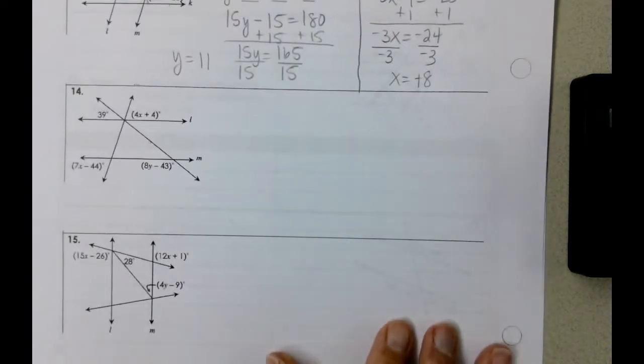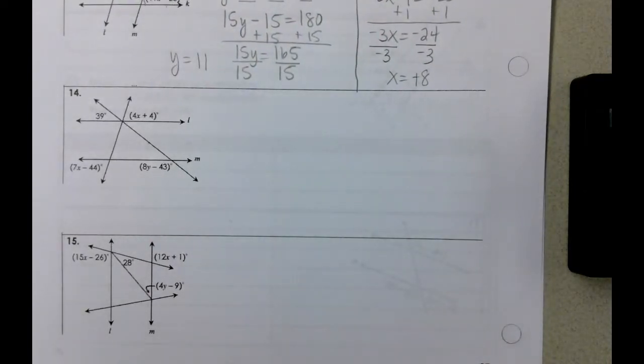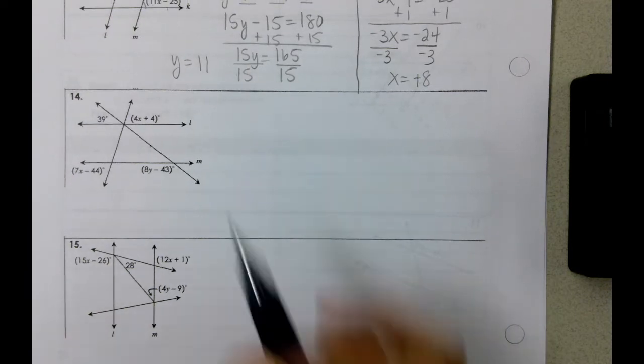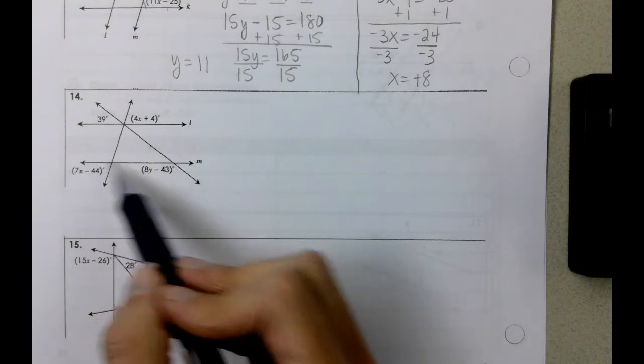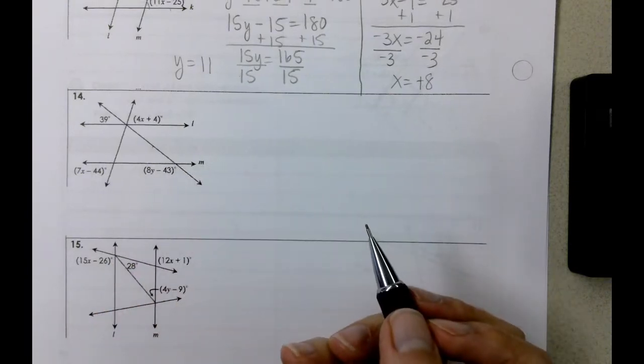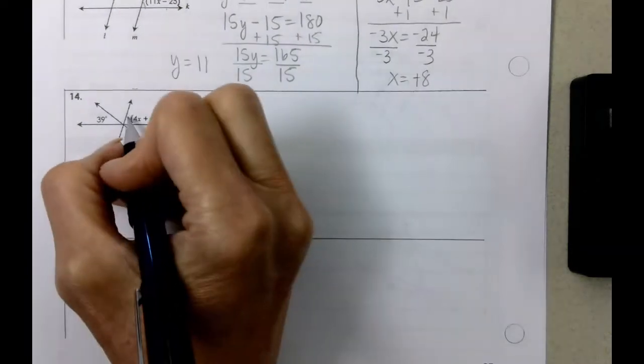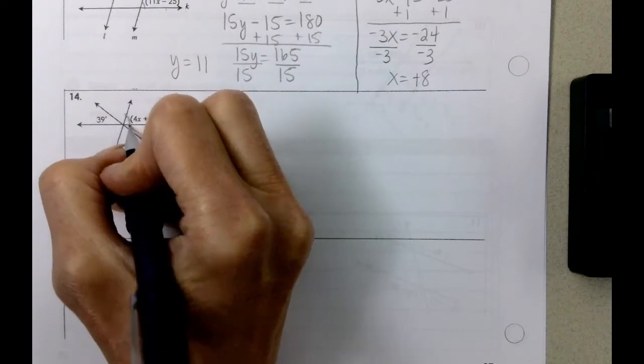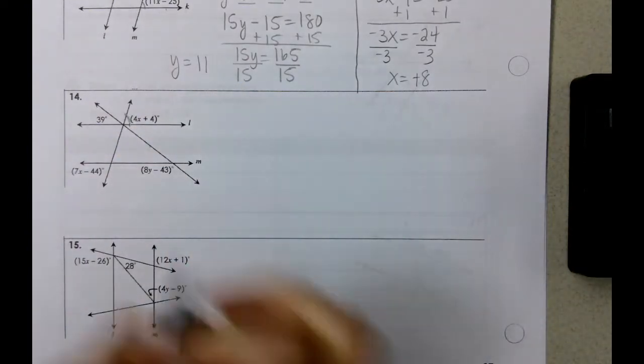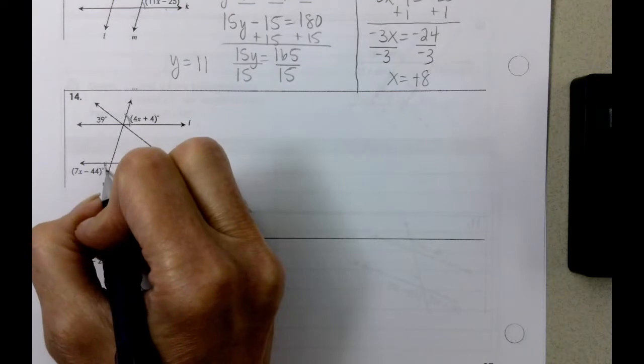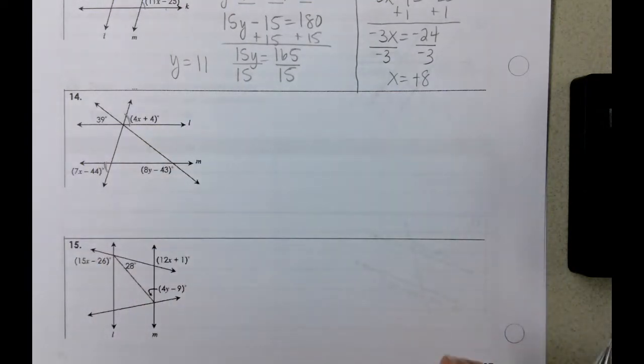If we look down here at problem number 14, what we see here is we still have line L is parallel to line M. And if I start with the x's here, this angle, the 4x plus 4, has an x in it, and the 7x minus the 44 has an x in it.